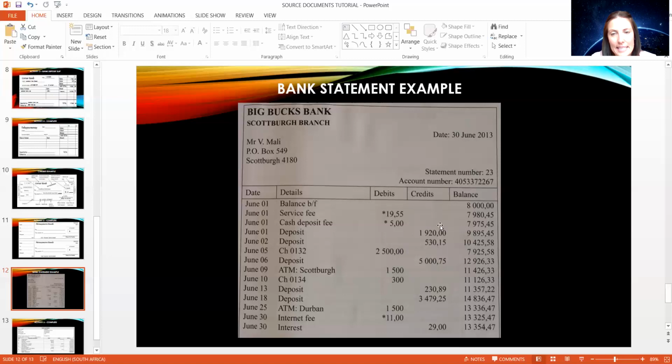It says credits here. Anything that makes the money in your account less, so any payments out of your account or charges on your account will be recorded in the bank's debit column.